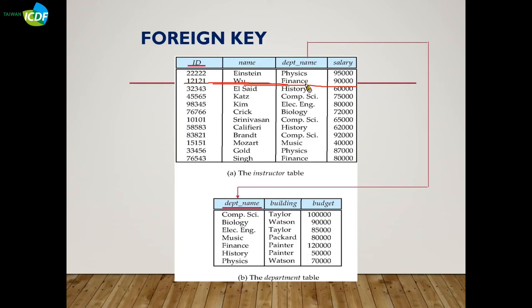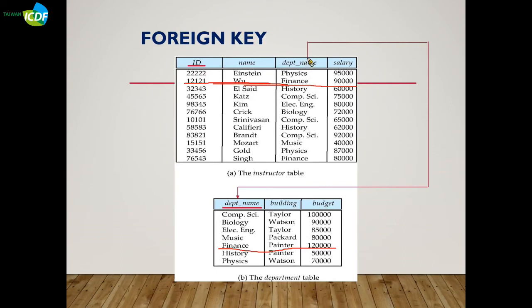And we have no idea about other information related to the Finance department. However, with the foreign key reference to the other table, we can find out more information about the Finance department. For example, this department is located in the Painter building, and its budget. So with foreign keys, we can get more information through this referencing relationship.